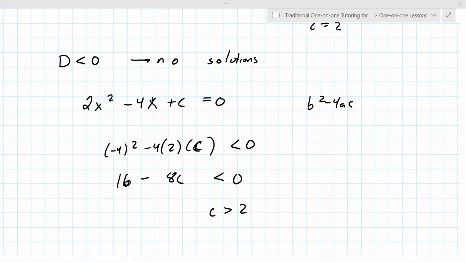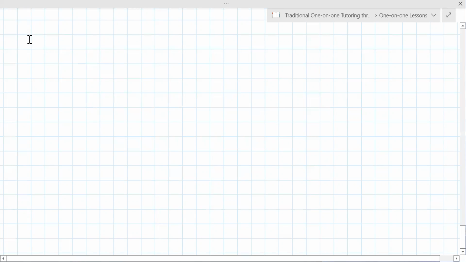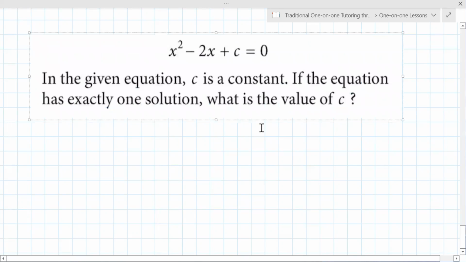Okay. So let's have you look at a problem here. We'll read it together. In the given equation, C is a constant. If the equation has exactly one solution, what is the value of the discriminant?